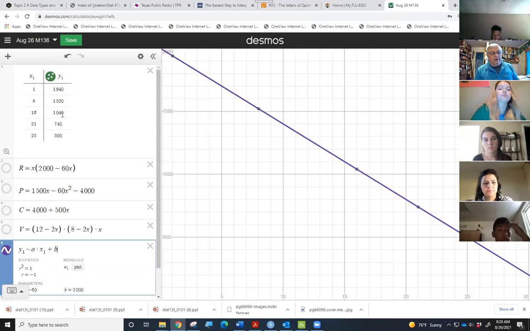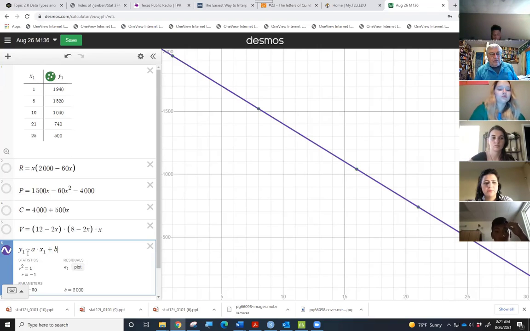Notice that we've called the y's y1s and the x's x1s. If I had another table, Desmos would call those x2 and y2. If I had another table, it'd be x3, y3. So that's why we've used y1 when we wrote this template down here.